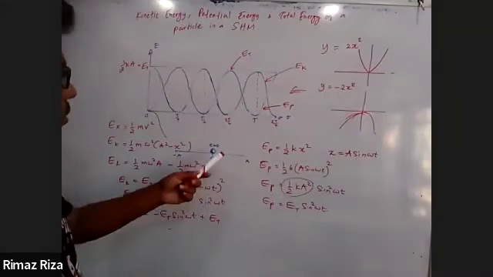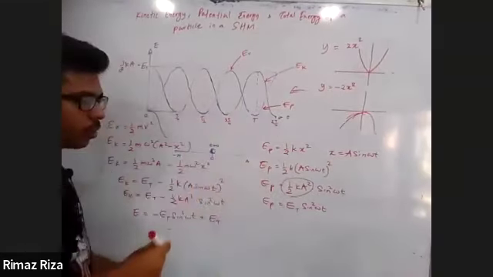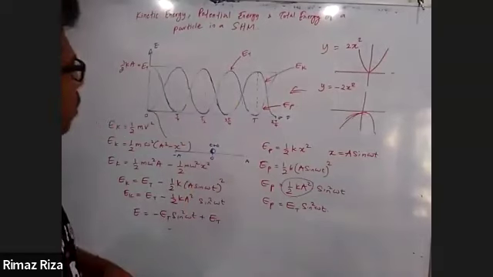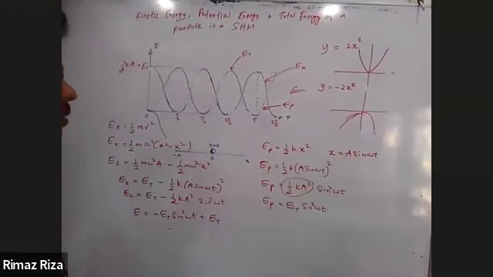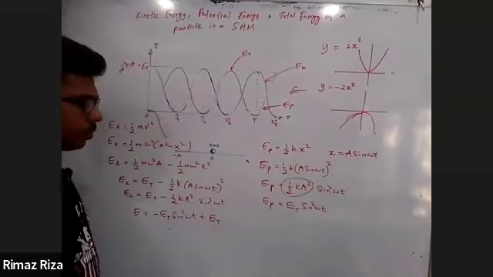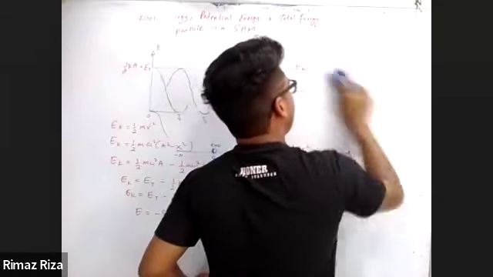So I'll give you a question: taking the particle starting here, draw the variation of total energy, potential energy, and kinetic energy.